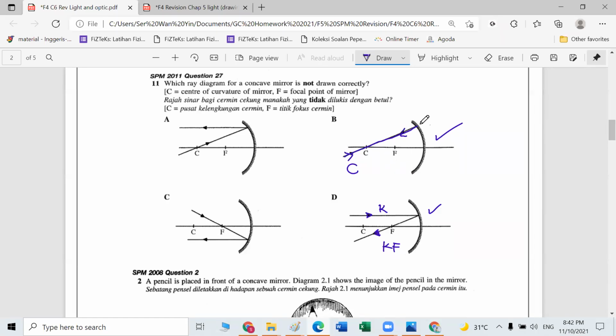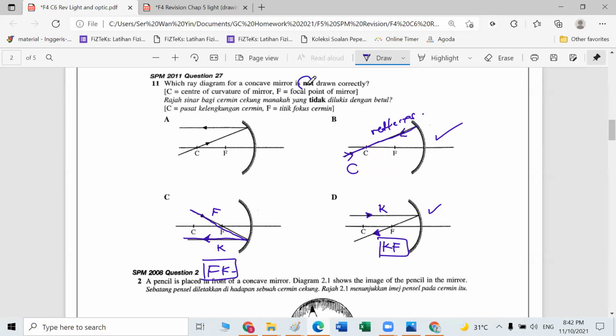Goes through C, it will go back, reflect back. And this one, this is FK. When the light passes through the F, it will go parallel to the principal axis, the reverse. FK, like KF the reverse, FK.